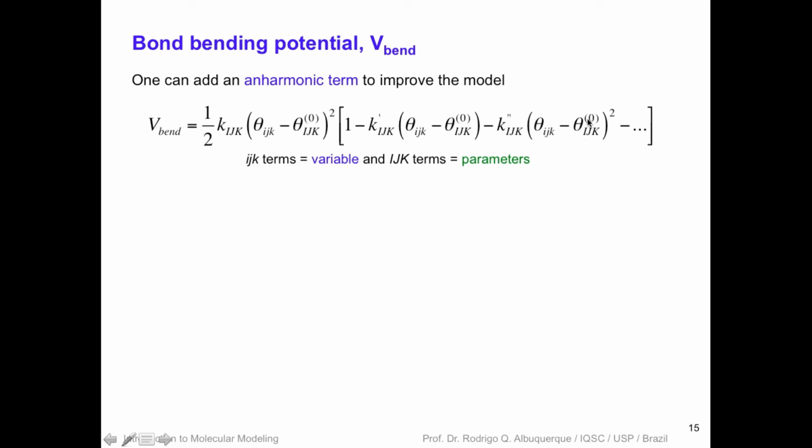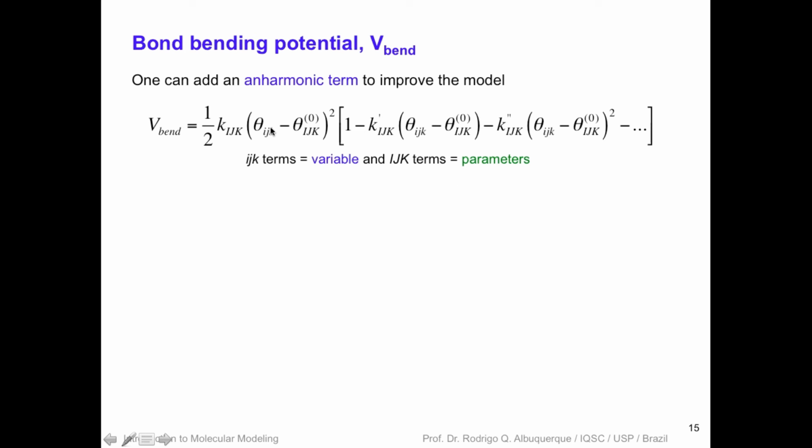Here you have a reference bond angle, which depends on the atom types I, J, and K. Here you have a force constant for the bond bending, and it depends on the atom types I, J, and K. Here we have another force constant, K prime and K double prime. So we have more parameters.